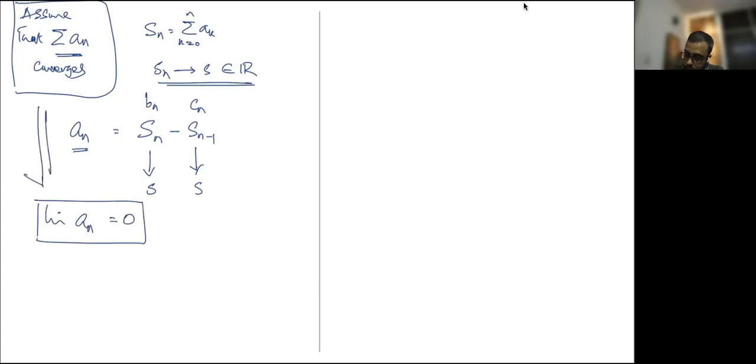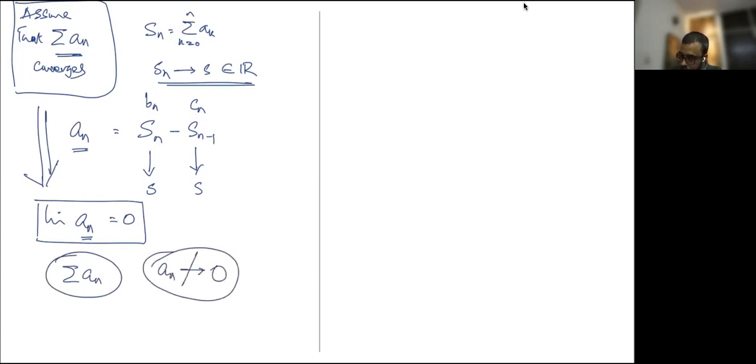So if your series is convergent, then you must have that the nth term must converge to 0. So this is a necessary condition for a series to converge, right? For example, if you are given a series and you immediately observe that the nth terms do not go to 0, then you can conclude that it does not converge to any real.